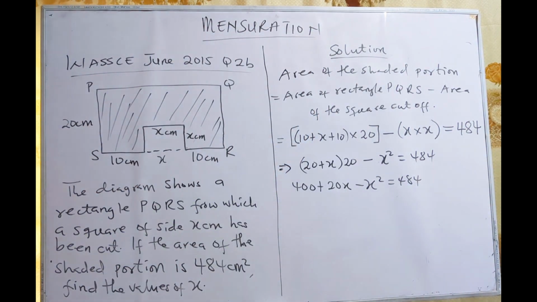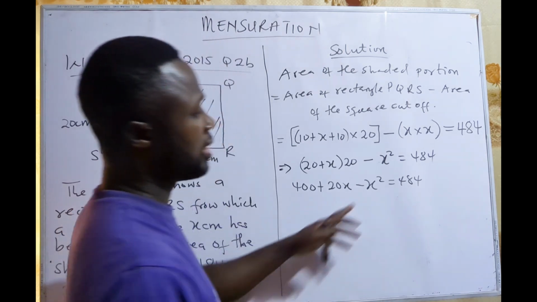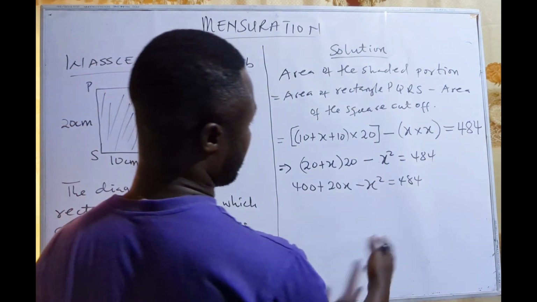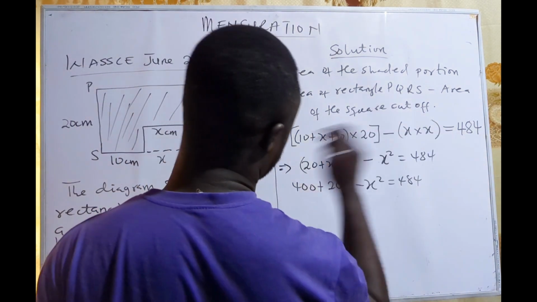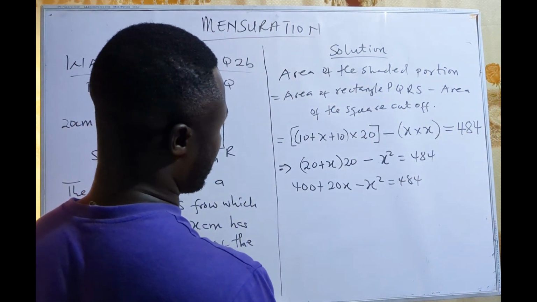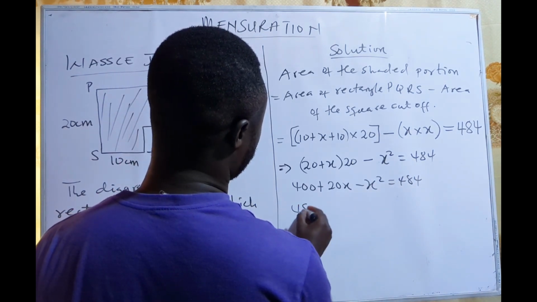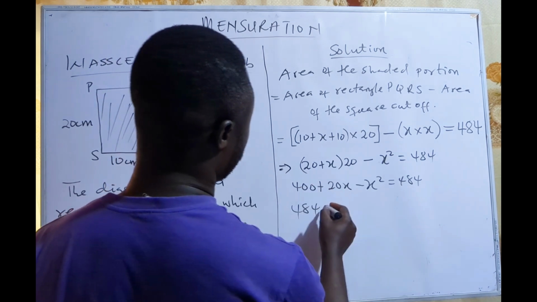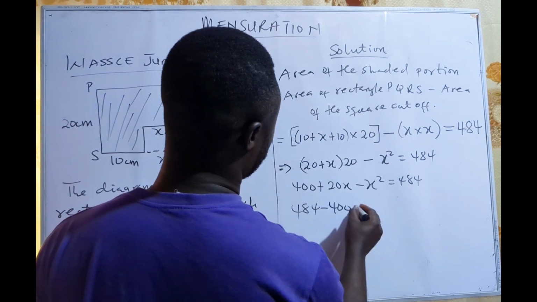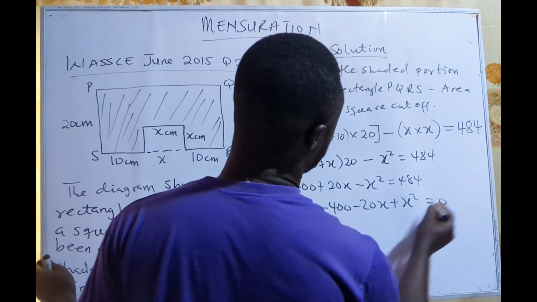So you see that we are getting a quadratic. If you are getting a quadratic, we are going to take all to one side. I think when the coefficient of the x squared is positive, it will help a lot. So we take all to the right hand side and equate it to 0. We already have 484 there, and then this will be minus 400 minus 20x plus x squared equal to 0.